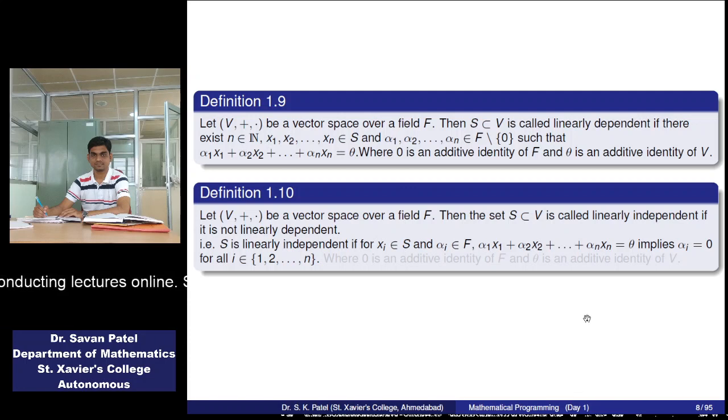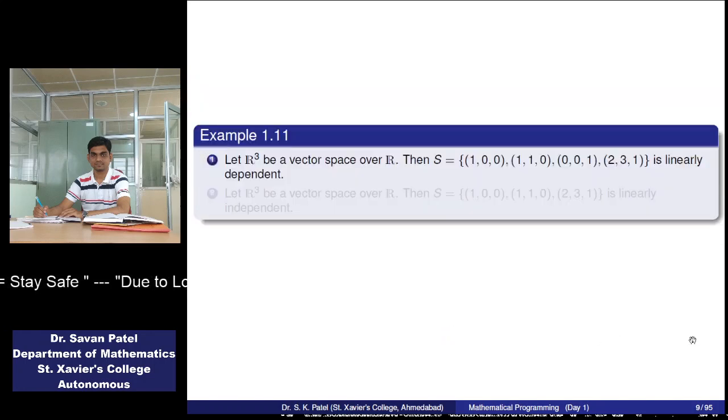Meaning whenever we try to write the identity of V as a linear combination of elements in S, we end up at alpha i is 0 for all i in this collection 1 to n. Again, here 0 is the identity for the field and theta is the identity for V.